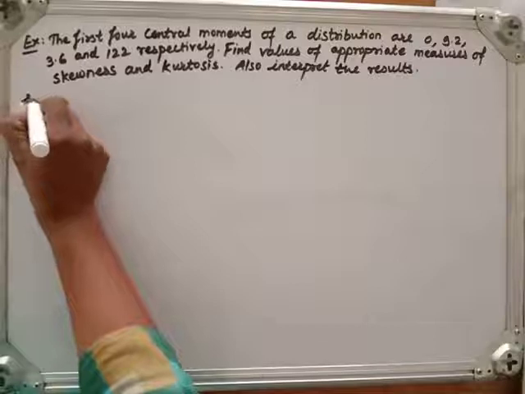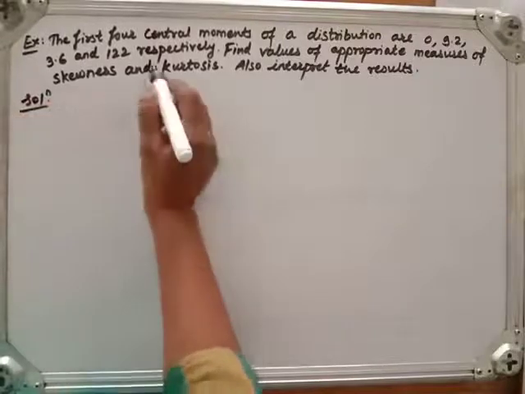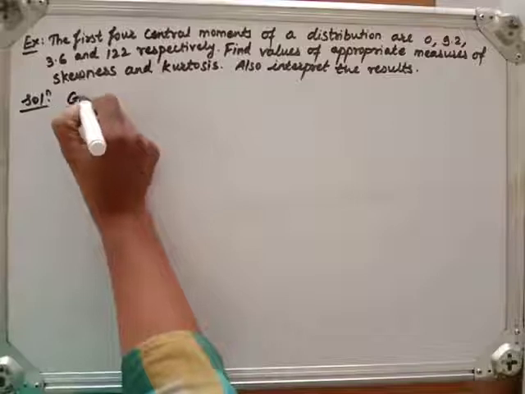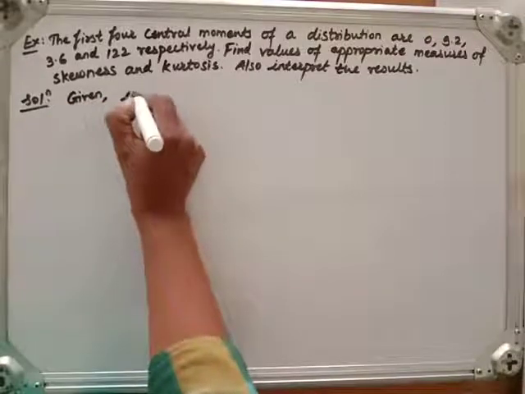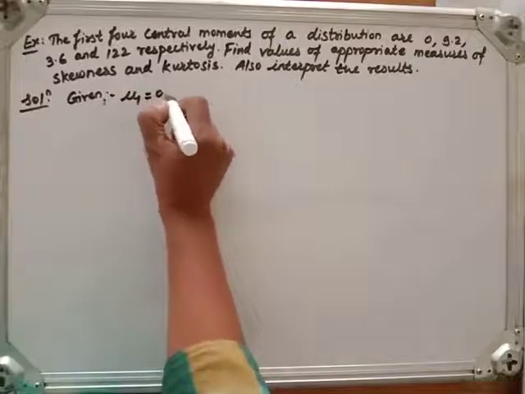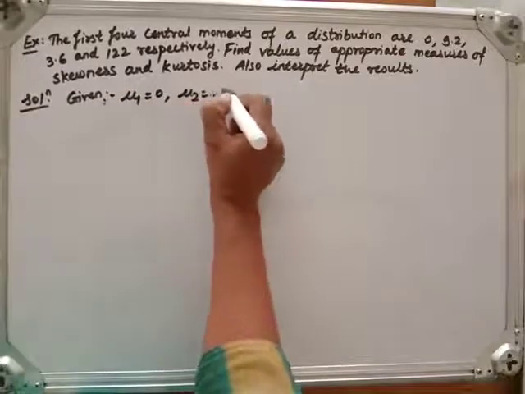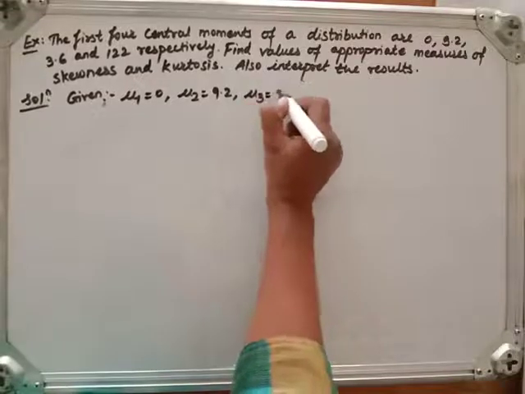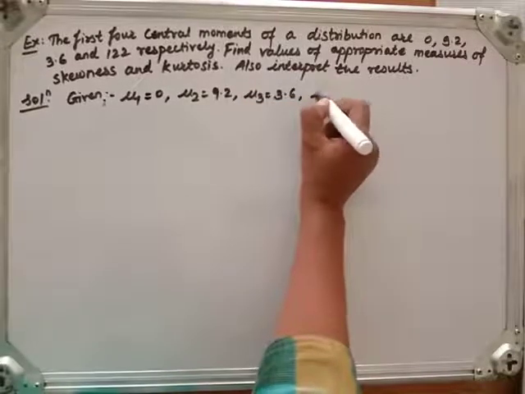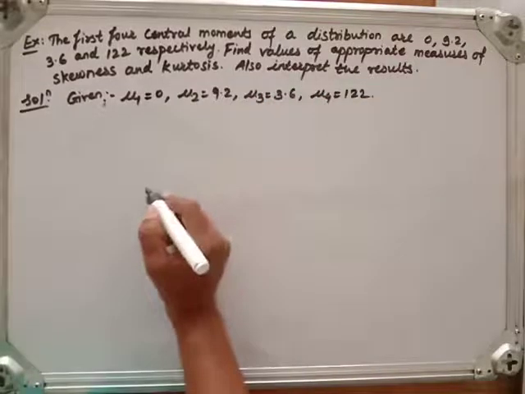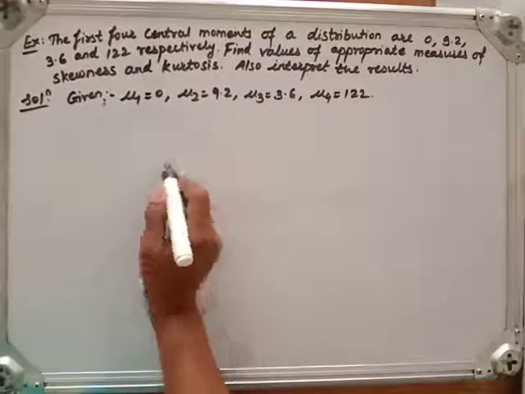Okay, solution. Now here central moments are given. So given mu1 is 0, mu2 is 9.2, mu3 is 3.6 and mu4 is 122. Find the values of appropriate measures of skewness and kurtosis.